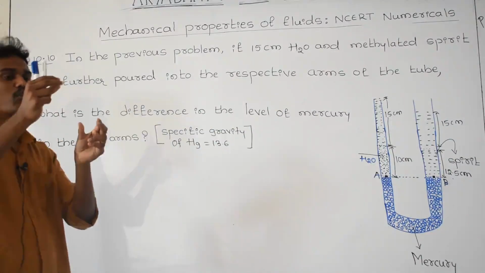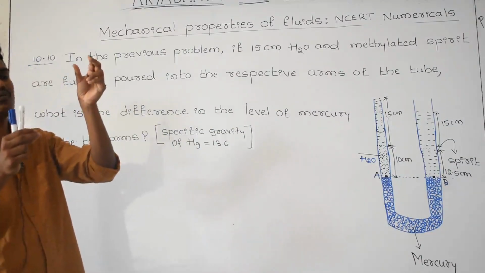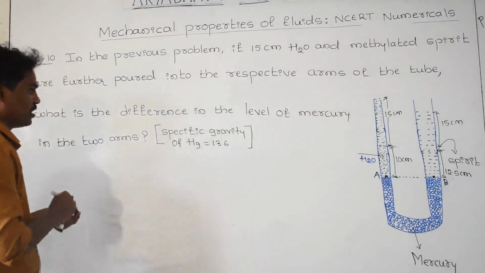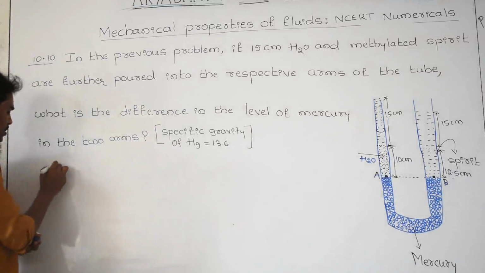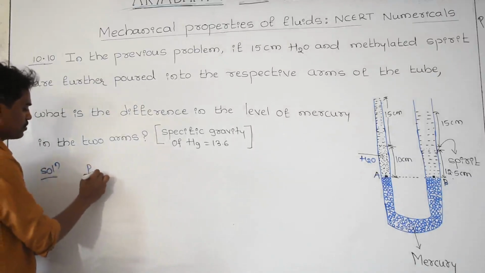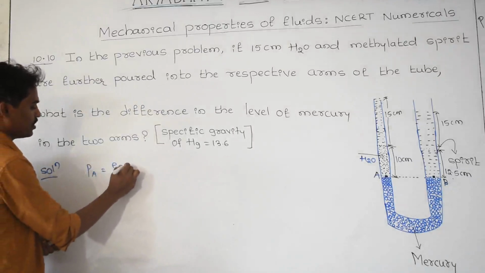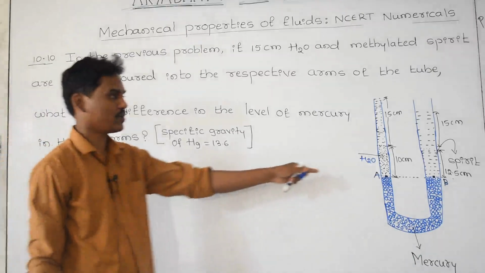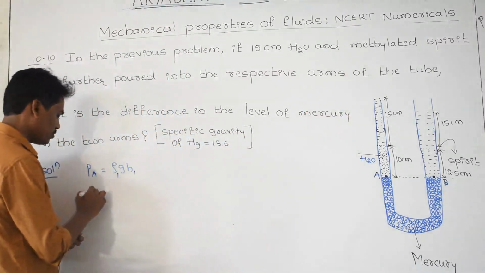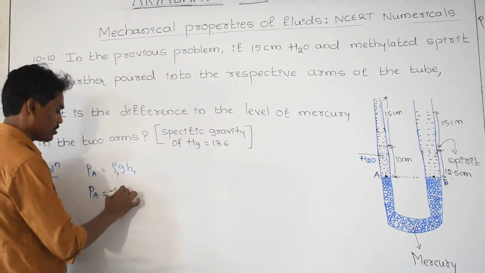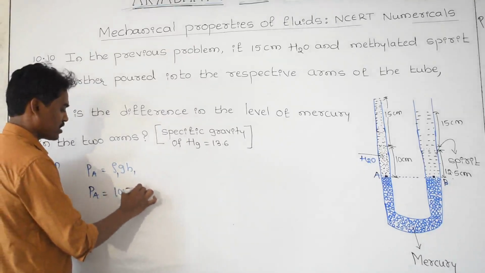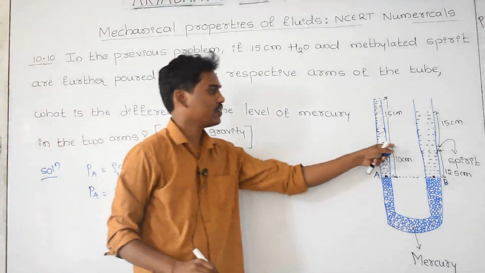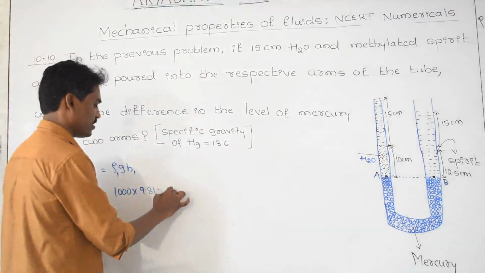It means the height value by which the levels of the mercury in the arms vary you need to find out. Let us take the same formula, Pa equals rho g h. Rho is the water density and h is the height of the water column. Pa equals 1000 into g, take this as 9.81, and h1 is 10 plus 15, that is 25 centimeter.